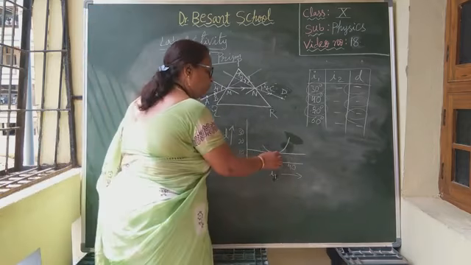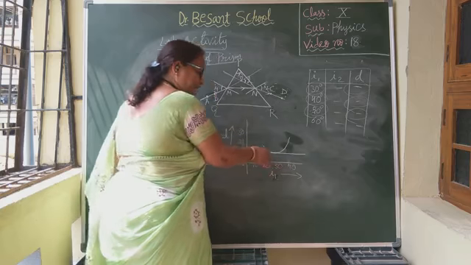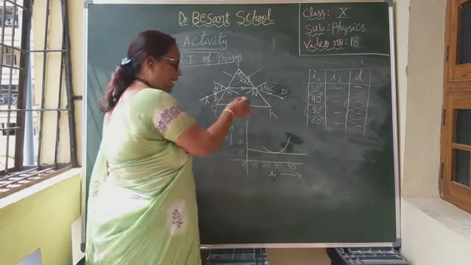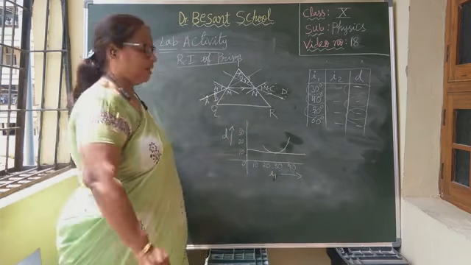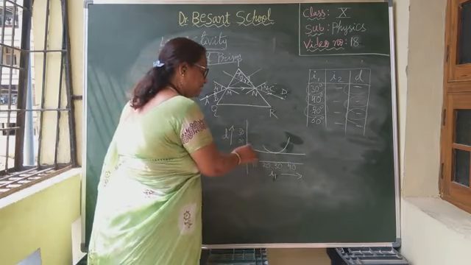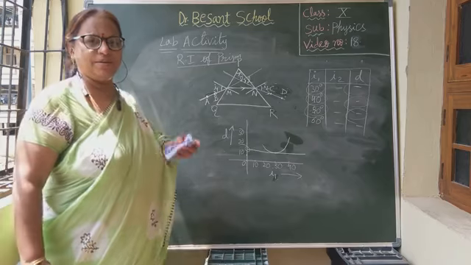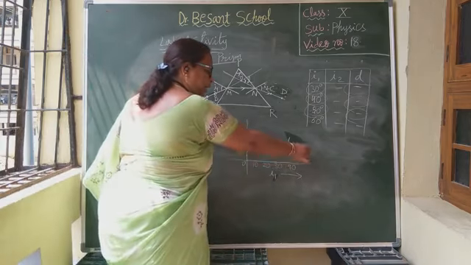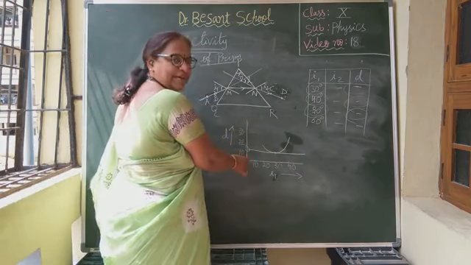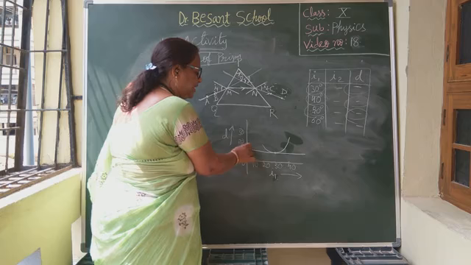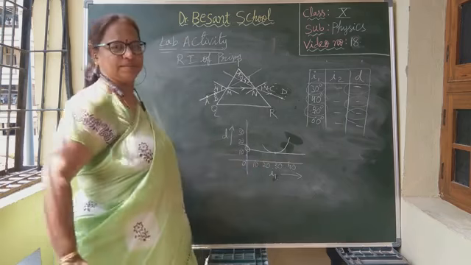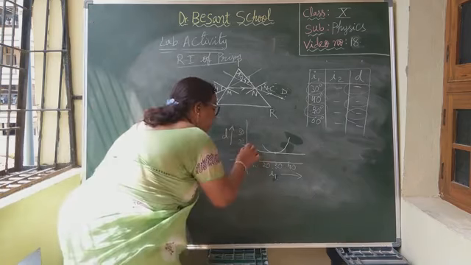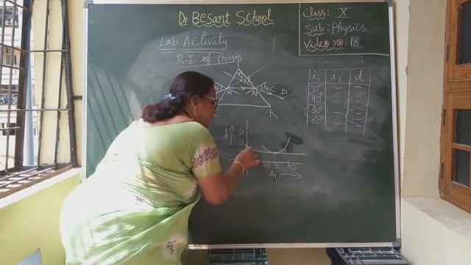At this lower point of the curve, draw a tangent parallel to the x-axis, which will meet the y-axis. You understood? So at what point of the y-axis is this tangent meeting?